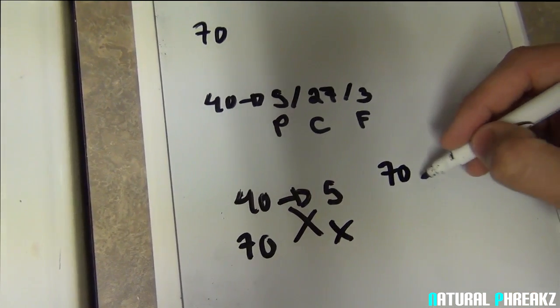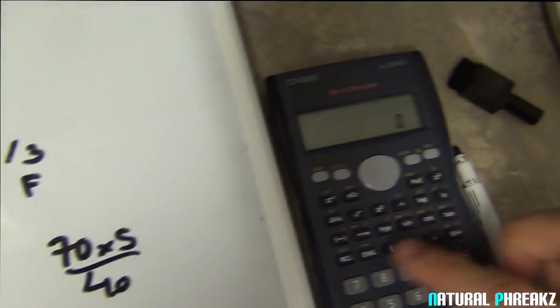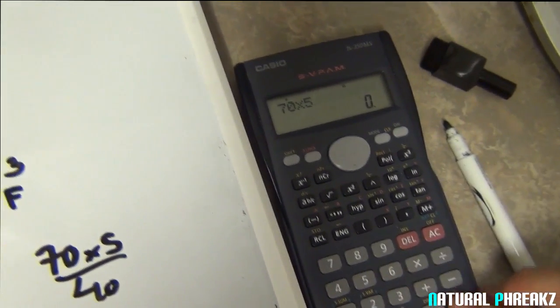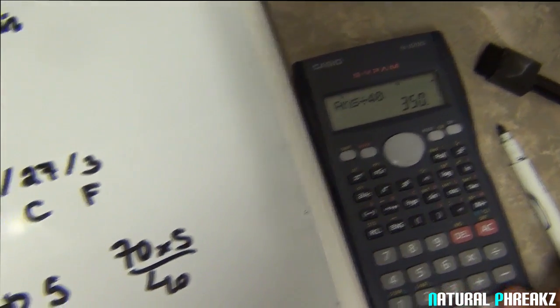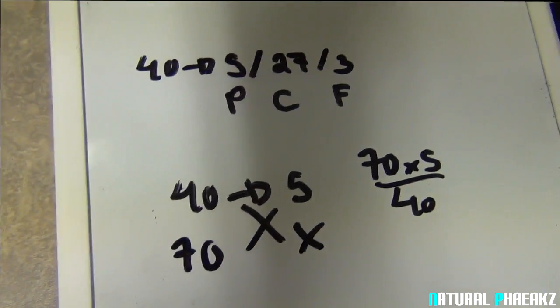So you multiply 70 times 5, and then you divide it by 40. So here's my calculator, 70 times 5 divided by 40. So you're eating 8.75 grams of protein, and then you do the same with carbs and fat.